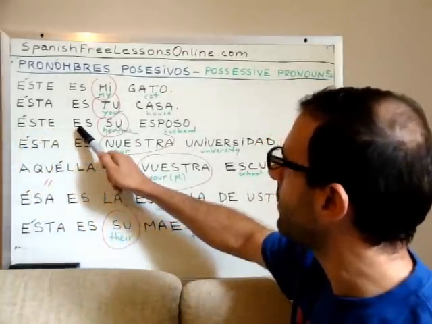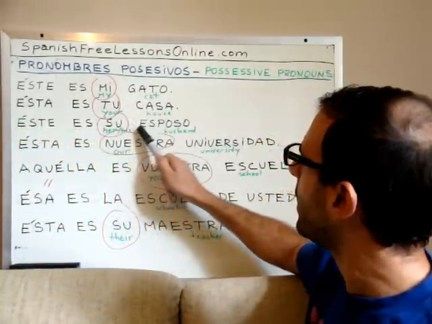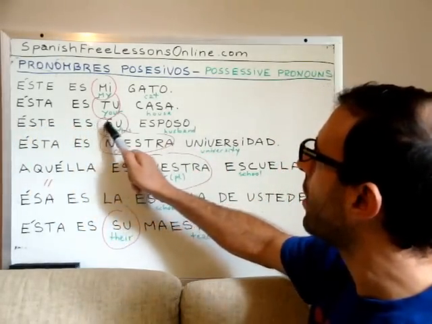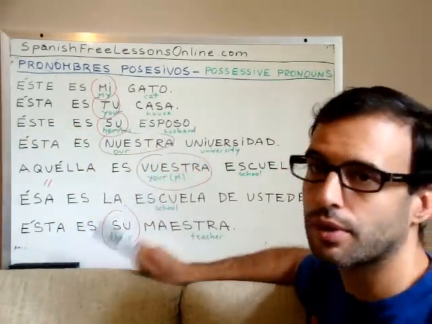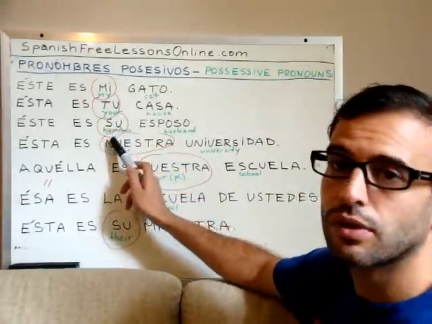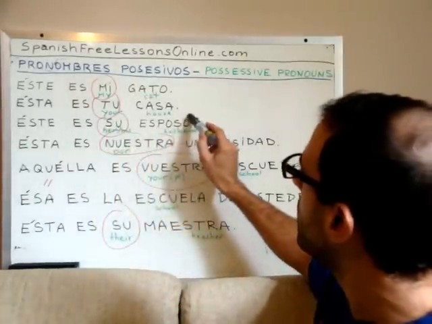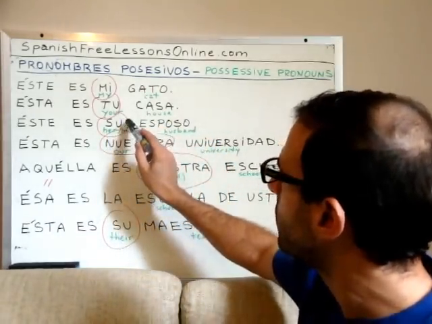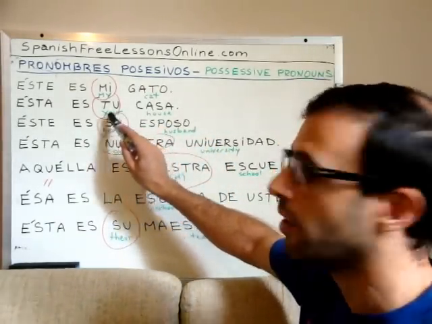Este es su esposo. This is her husband, right? How do we know that this is her and not his? Only because here the word is esposo, husband. Then we assume that this is a her, okay?